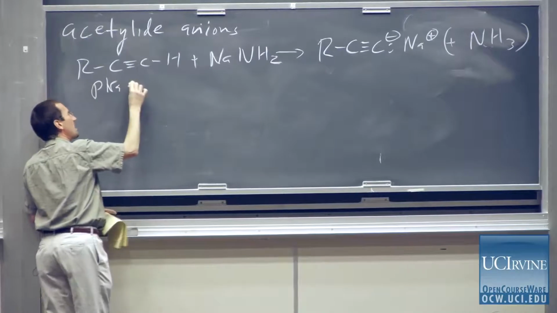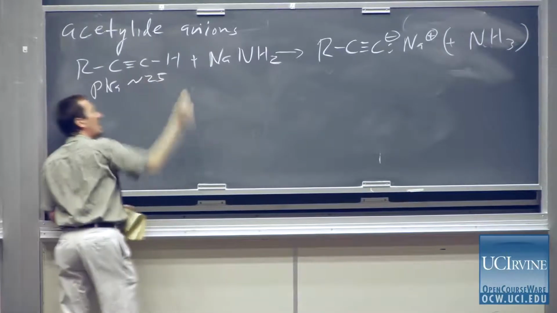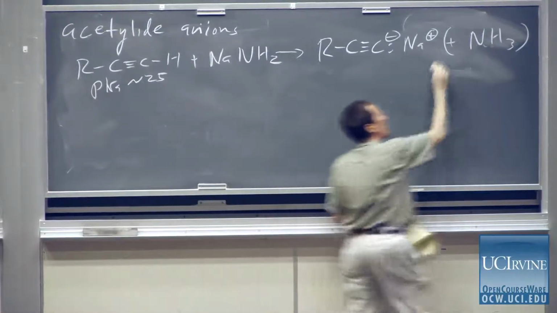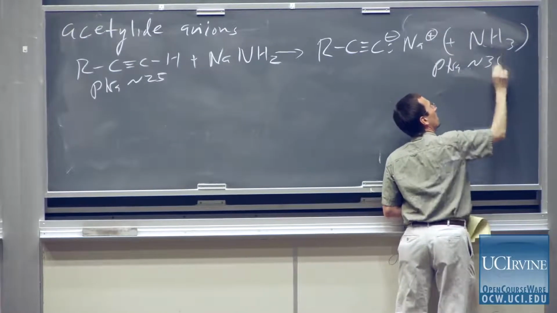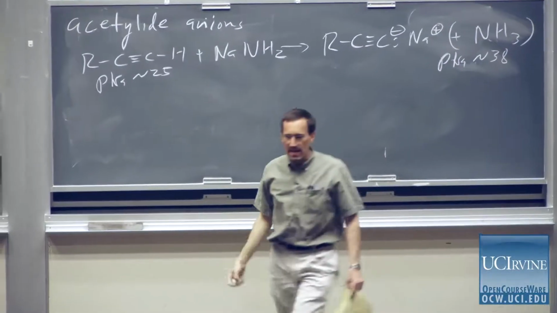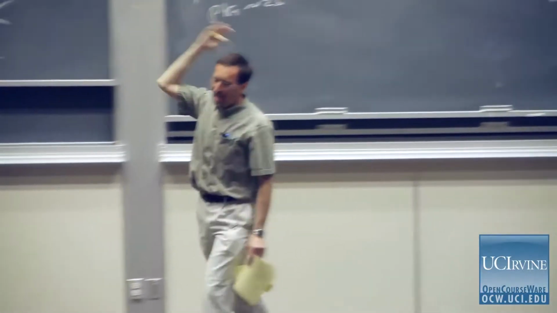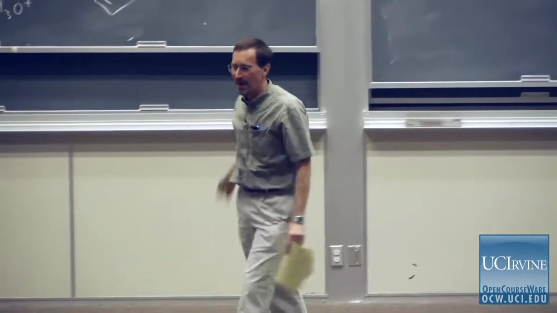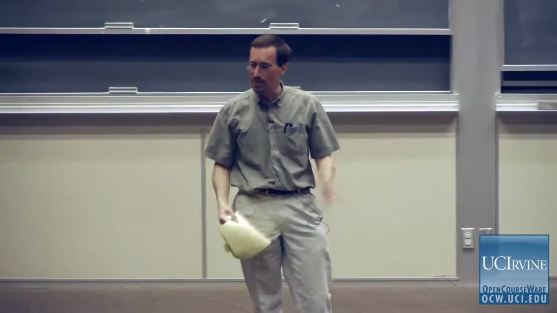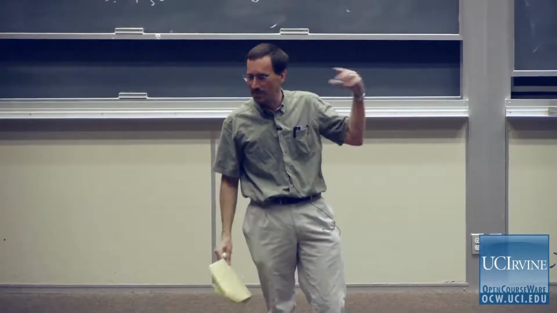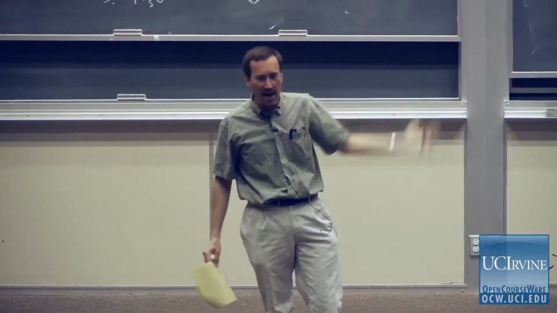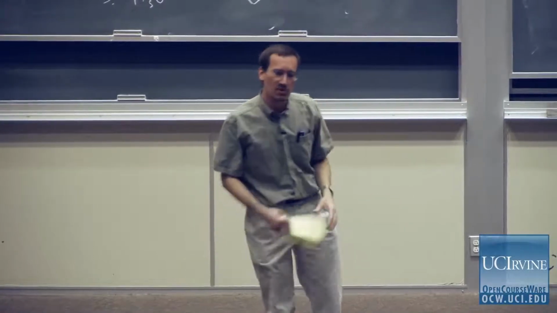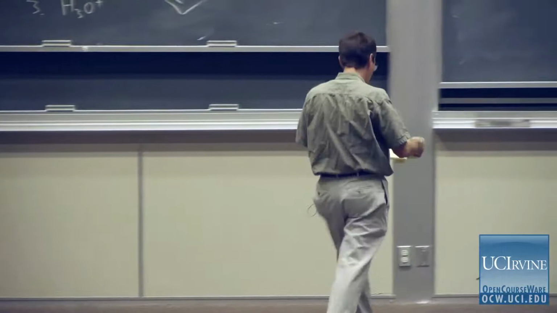So we have pKa of about 25 and pKa of about 38. And so a difference of pKa means that the equation lies way, way, way to the right, 10 to the 13th equilibrium constant or thereabouts. So basically, I throw 1 mole of sodium amide, 1 mole of an alkyne, and I get essentially all acetylide anion.